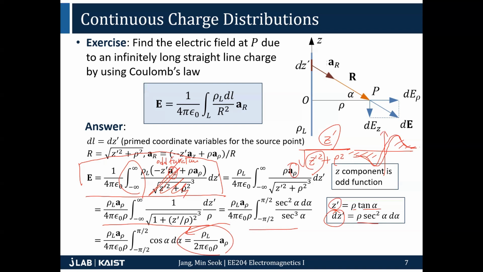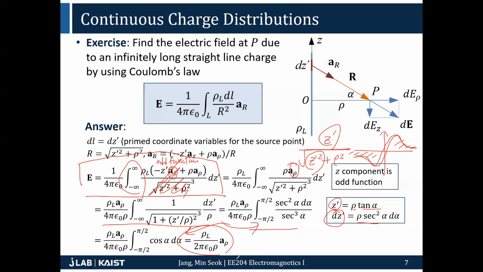For those who are not familiar with trigonometric change of variable and integration, you can just accept it. It's not an important point of this problem.